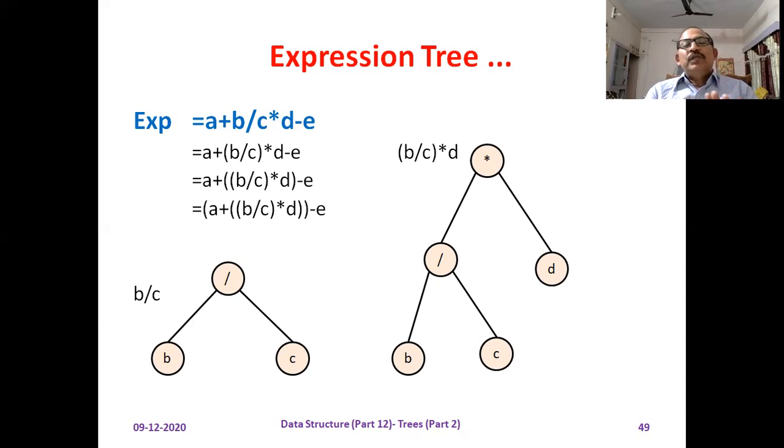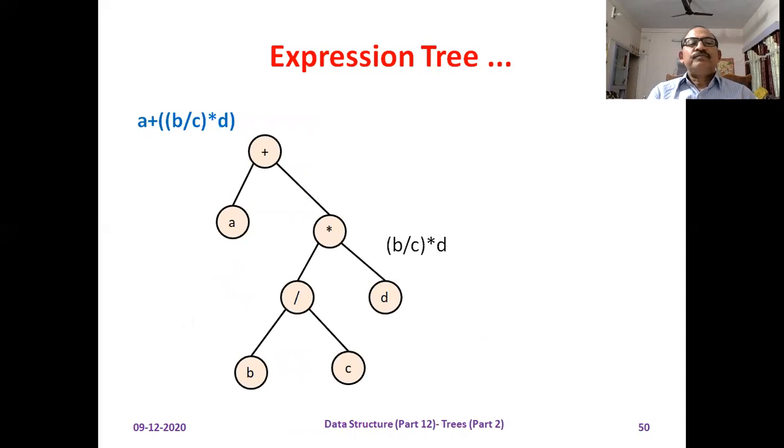Next step, we want to make the expression tree for a plus the new expression. How will we make it? Take plus as the new root node, make a the left child, and make the latest existing expression tree the right subtree of the new expression tree. Here you can see in this figure. In the next step, we want to subtract e from this expression.